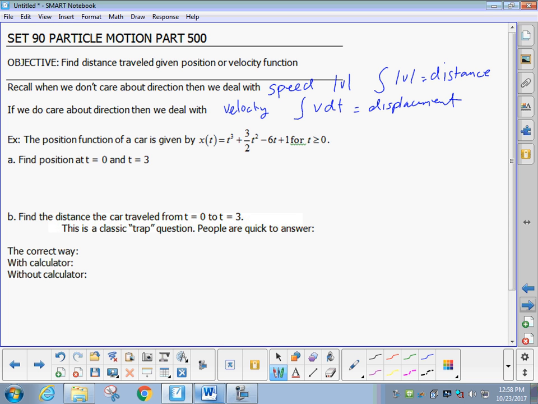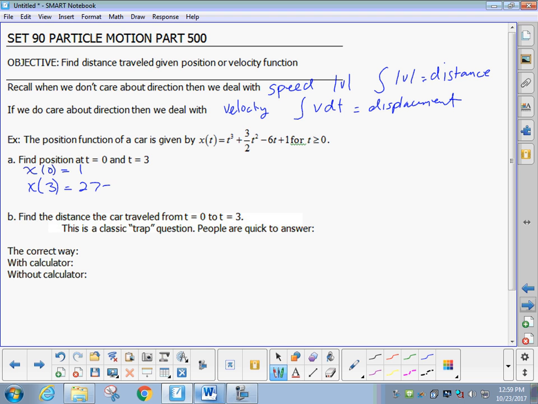Now, in some of these problems on tonight's homework, they're going to try and bait you, get you to fall into a trap. So the typical trap problem looks like this. The position function is given by this thing. And they'll ask you, trying to lay their trap, to find position at time 0, which is 1. And position at time 3, you go ahead and do that.